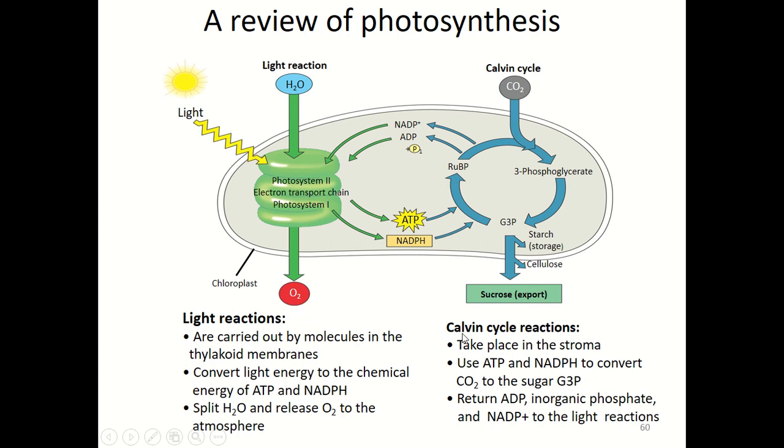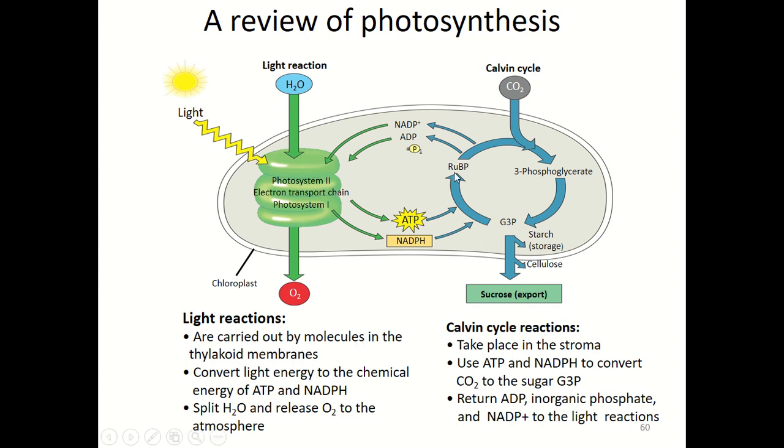And then the Calvin cycle reaction or dark reaction, which is the second stage of photosynthesis, will receive ATP and NADPH from the light reaction to produce one molecule of glyceraldehyde 3-phosphate from 3 molecules of carbon dioxide, in which later this glyceraldehyde 3-phosphate will be converted into starch, cellulose, or sucrose.